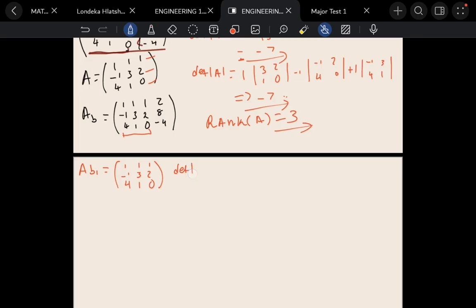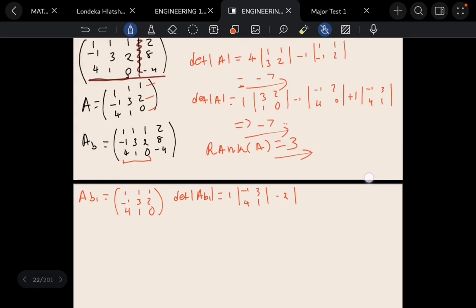So the determinant of AB1 is going to be, use any row or any column, it does not matter, 1, 1, 4, 1.